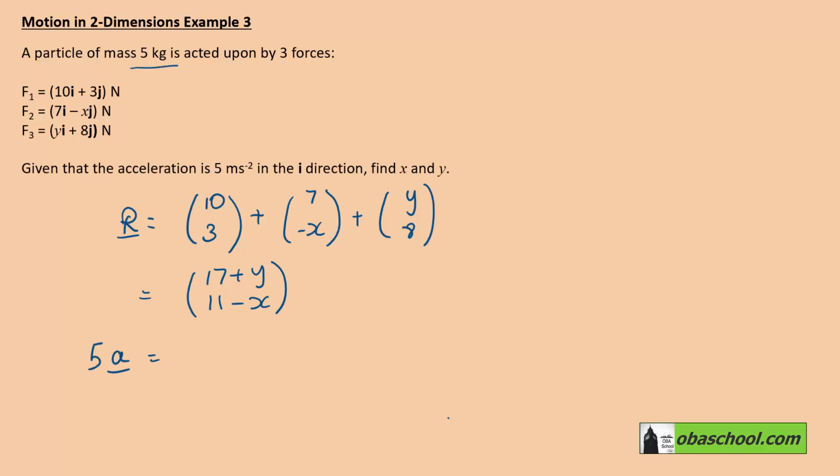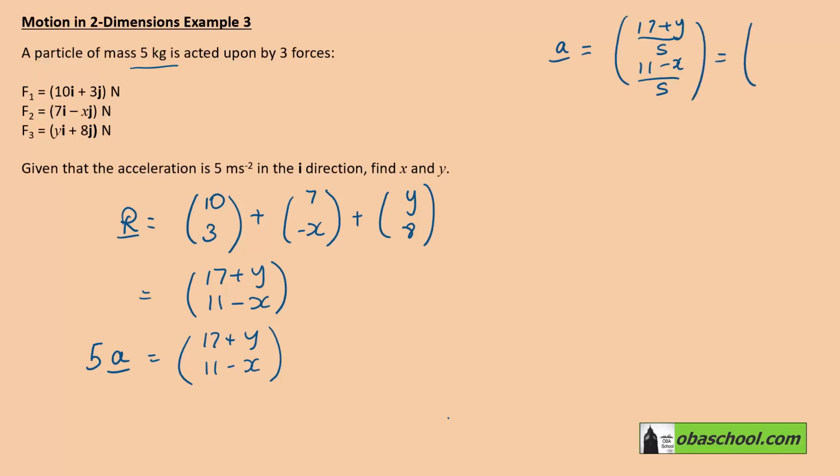So ma is 5a, and that's going to be (17 plus y, 11 minus x), which gives me that a is going to be (17 plus y divided by 5, 11 minus x divided by 5). But we were told in the question that that's (5, 0), because it's entirely in the i direction, so the j component is 0.